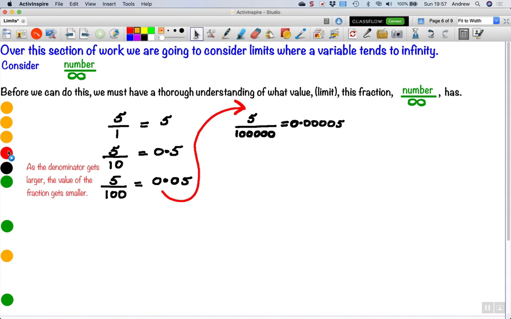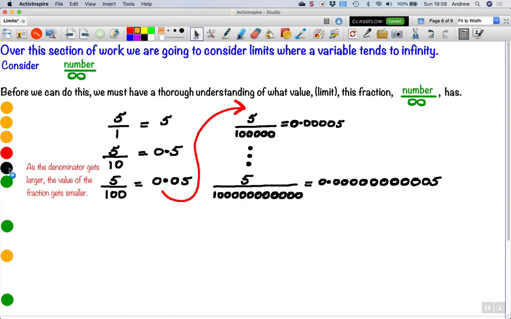Let's just pause and look at what's going on. We're now divided by a much bigger bottom, which is going to be 100,000, and the answer is much, much smaller. And as the denominator gets larger, the value of the fraction gets smaller. As the denominator, the bottom number, gets larger, the whole fraction gets smaller.